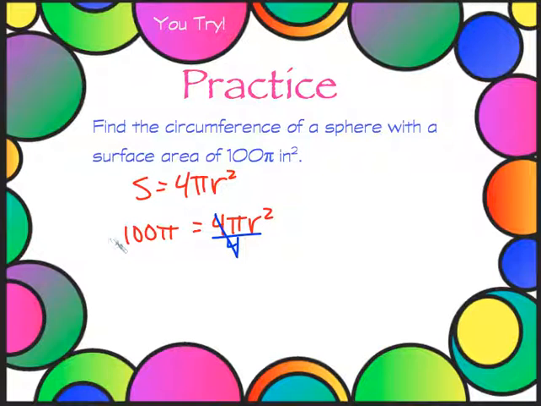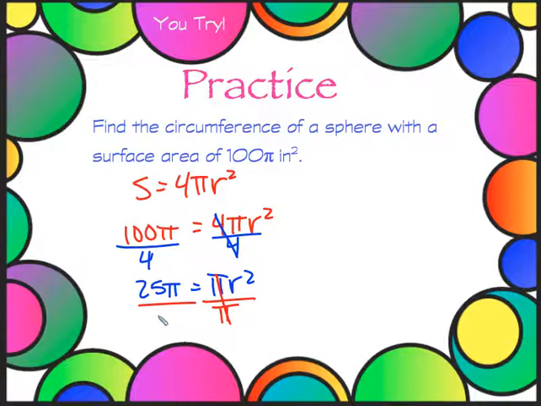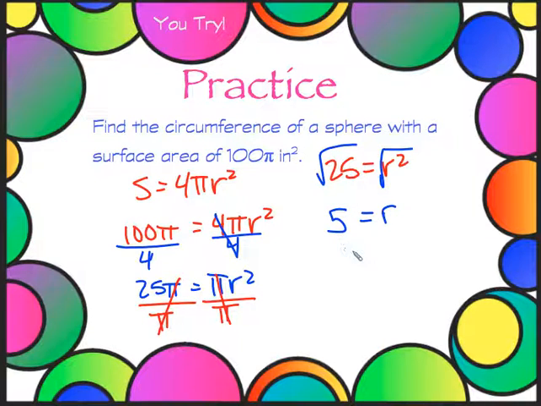I'm going to start by dividing by 4. So I have 25 pi equals pi r squared. Then I'm going to divide by pi, and it actually cancels out. So now we have 25 equals r squared. Then take the square root. We get the radius of our sphere is 5.